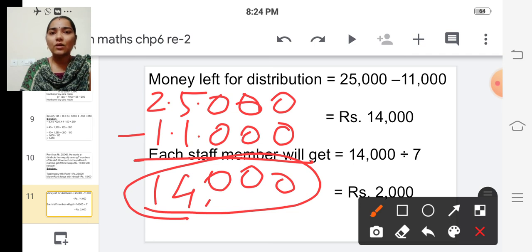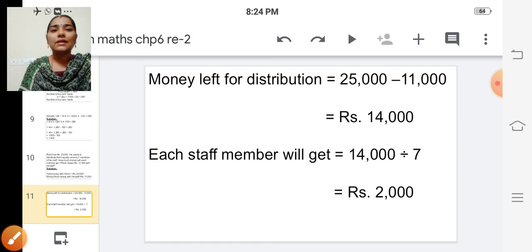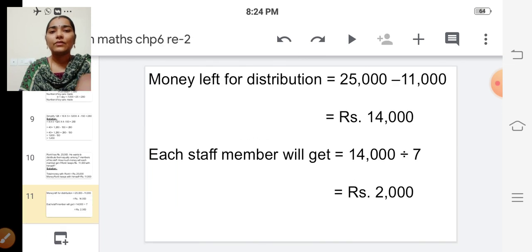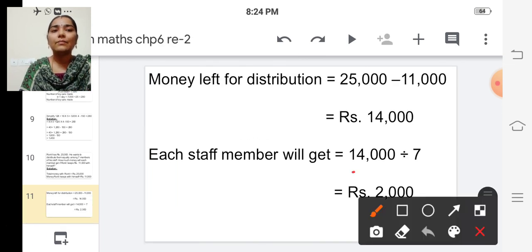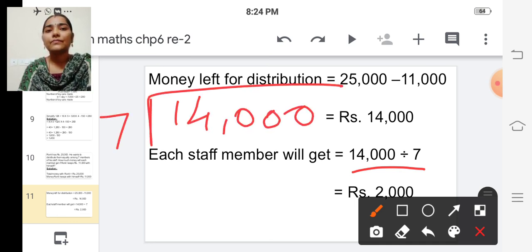So we have to find out how much each member will get. So we have to divide this 14,000 by 7. So each staff member will get 14,000 divided by 7. 7 twos are 14. Subtract.